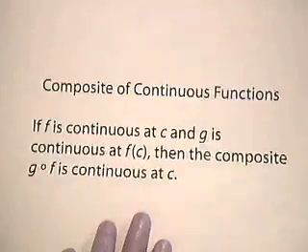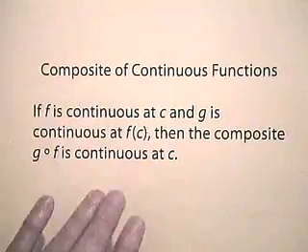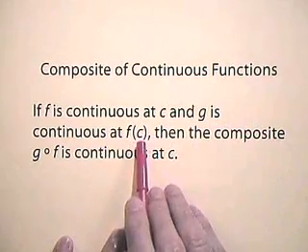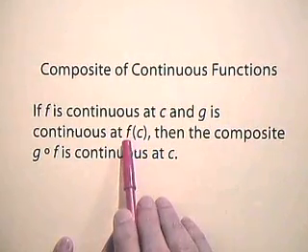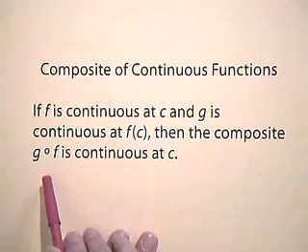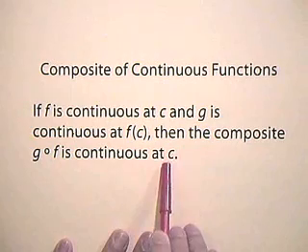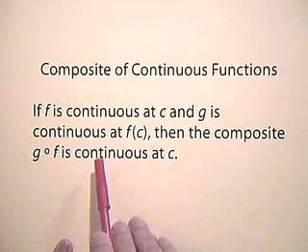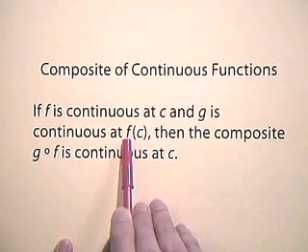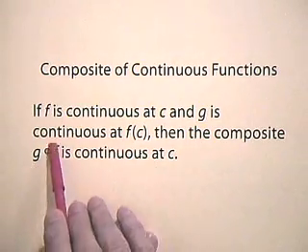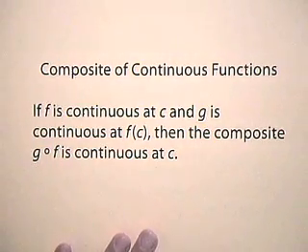Now, again, the composite of continuous functions will be continuous at c if the input function f is continuous at c, then so is g composed with f at c. And so consequently, what we now see is that if f is continuous on its domain and g is continuous on its domain, then g composition f would be continuous.